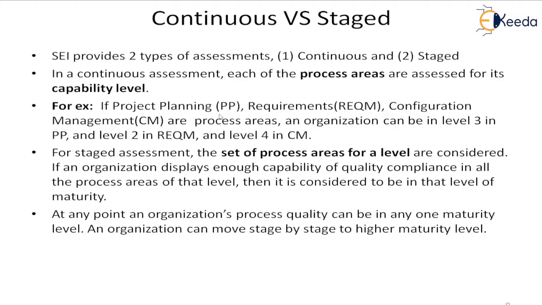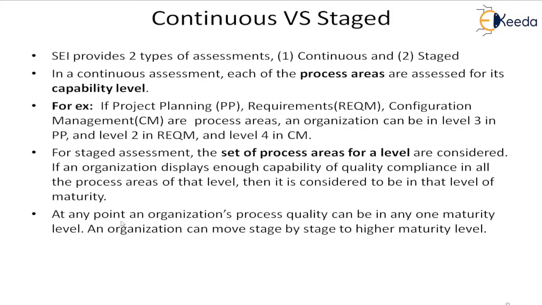Here we are assessing the maturity of the level, not the capability of individual process areas. If an organization displays enough capability of quality compliance in all the process areas of that particular level, then it is considered to be at that level of maturity.